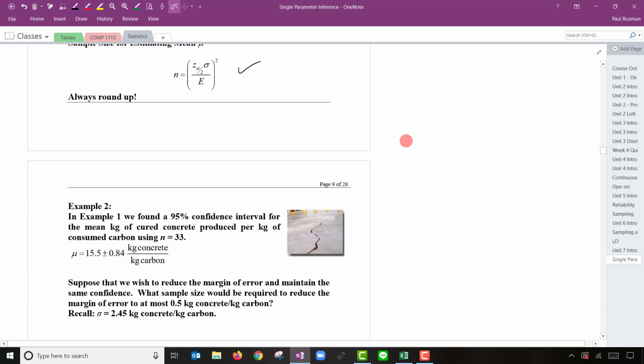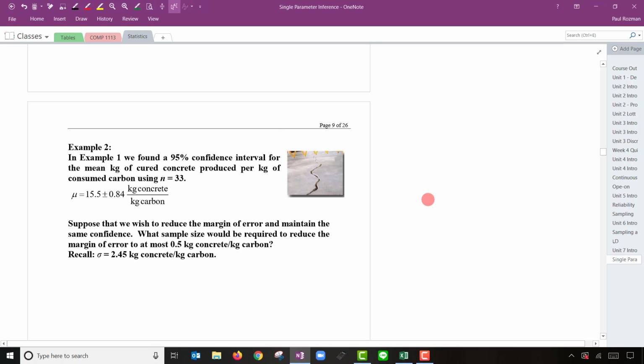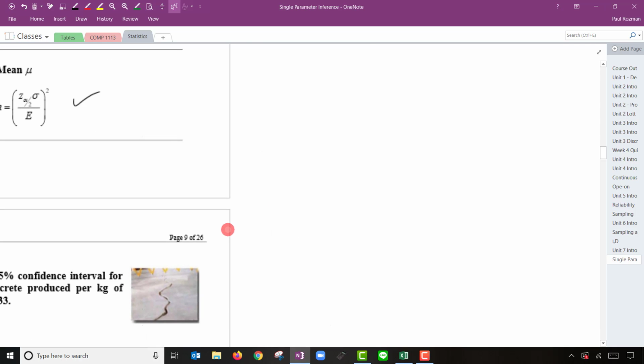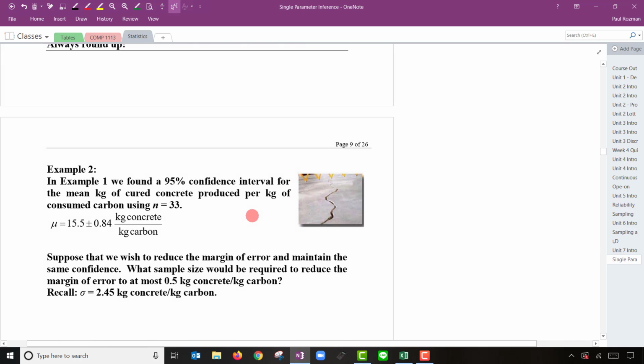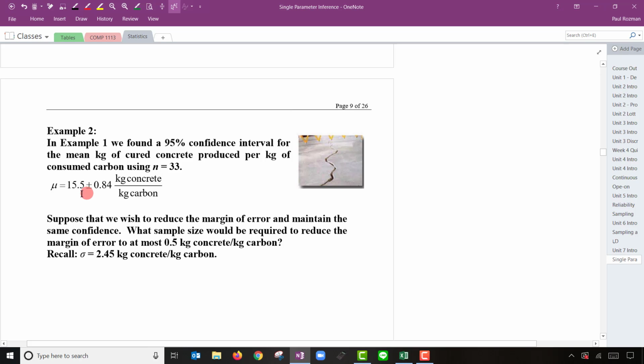The example that we were doing, we did a 95% confidence interval for the mean. And this was our answer. It was 15.5 plus or minus 0.84. And that was at 95%. So I'm just reminding us that value.